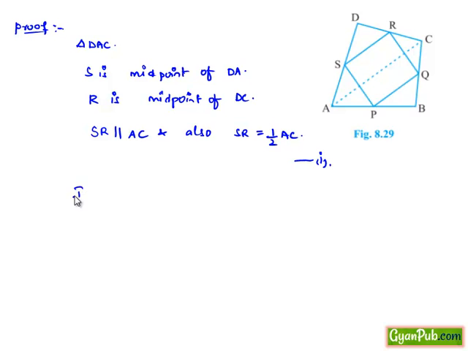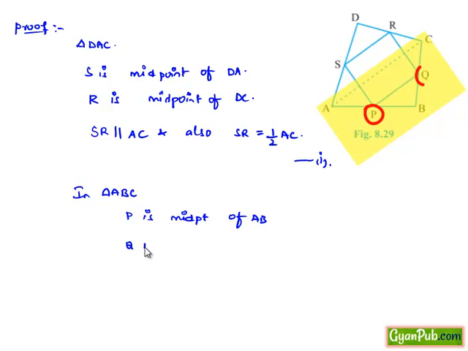Now if we consider triangle ABC, P is midpoint of AB and Q is midpoint of BC.